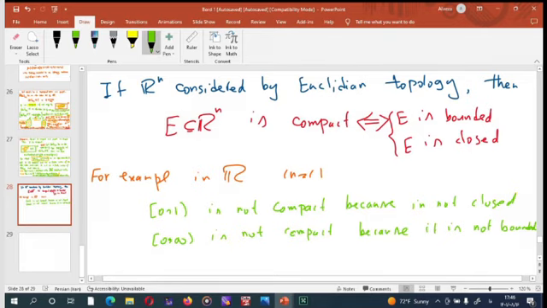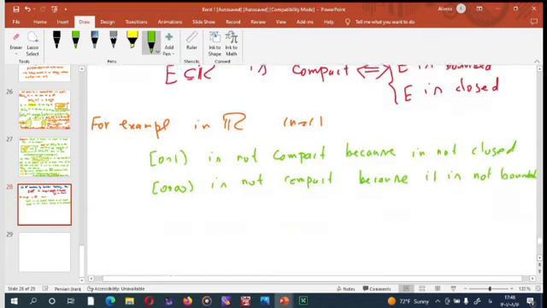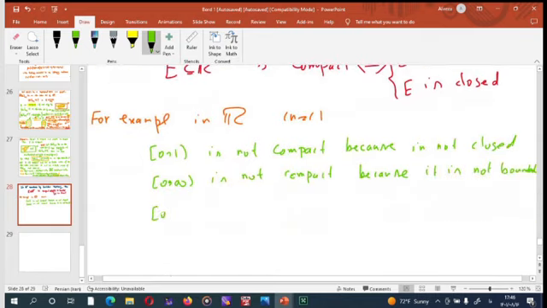But for example [0, 1] is compact because it is closed and bounded.